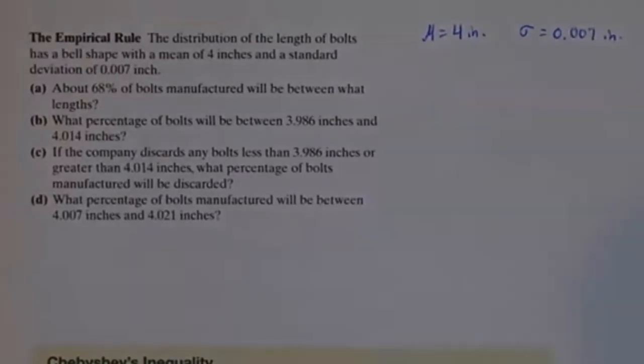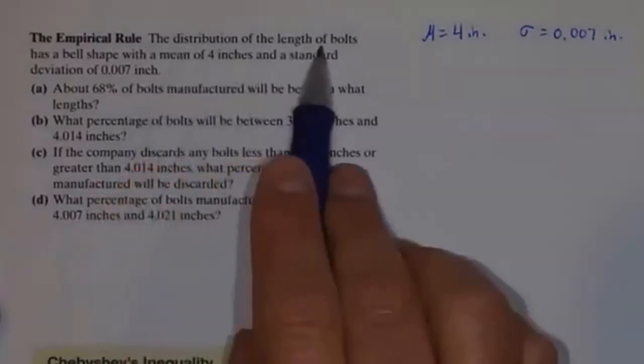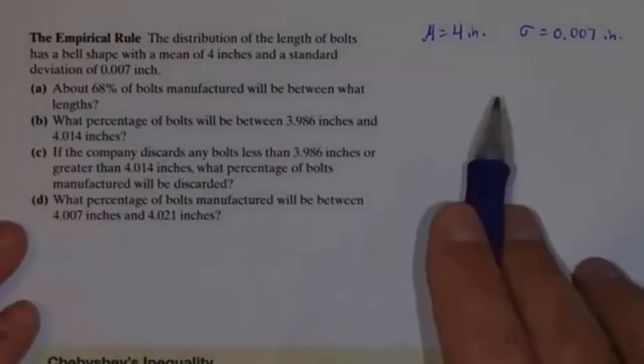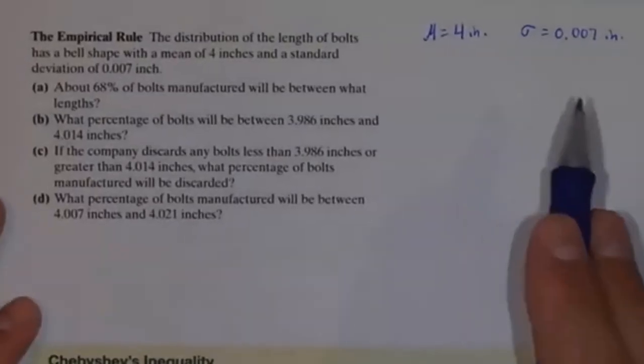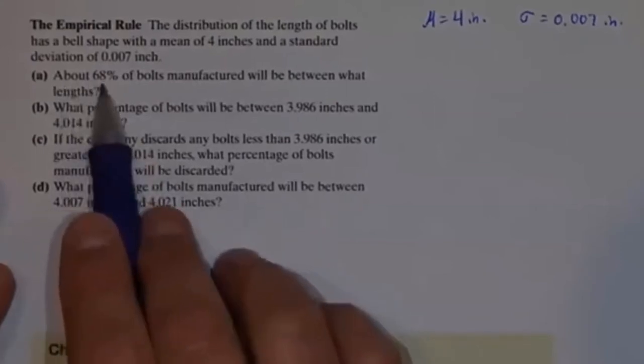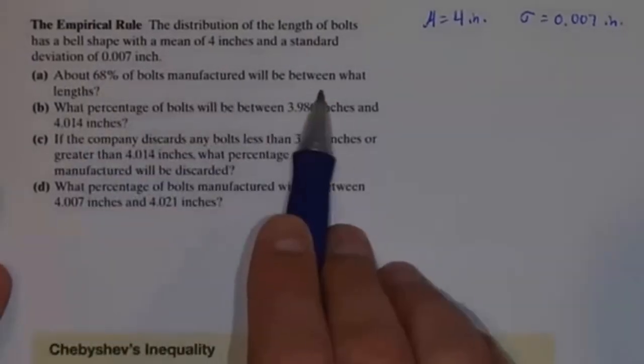It's giving us this idea of how much variation there is. We're also told that the distribution of the lengths of bolts is bell-shaped. So bell-shaped means it has tall bars in the middle and so on. So using this information along with the empirical rule, can we determine about 68% of bolts manufactured will be between what lengths?